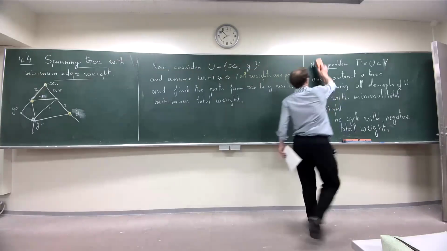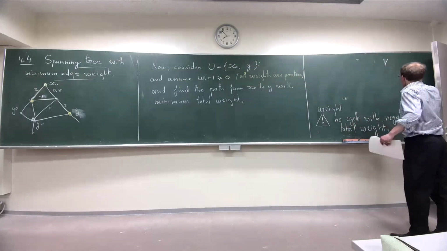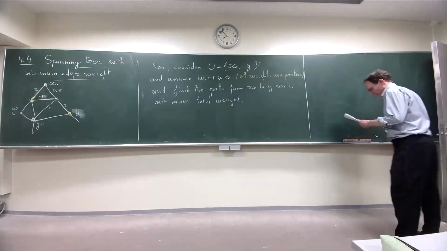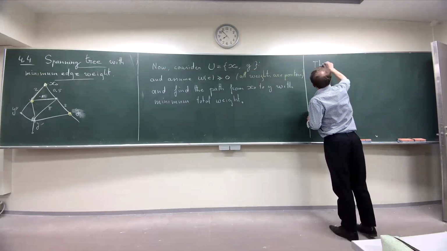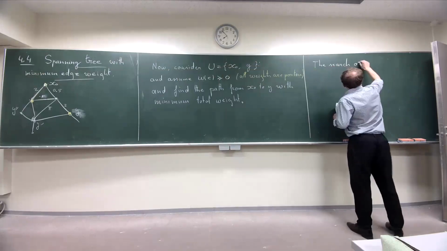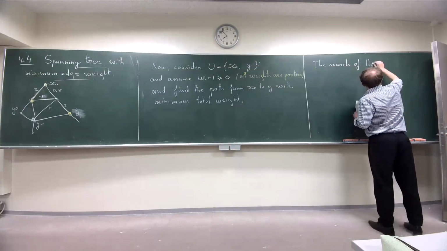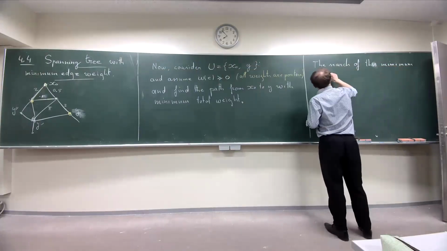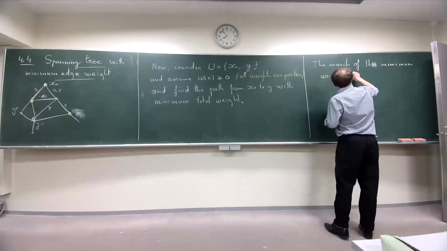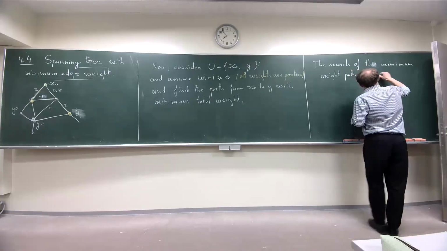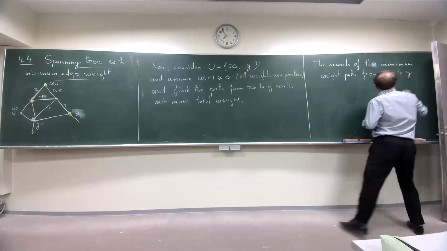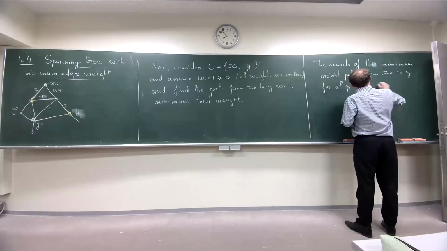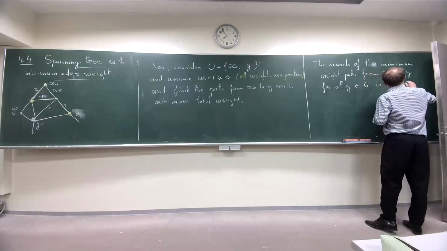Let me mention it. The search of this minimum weight path from x0 to y for all y belonging to G is called the Dijkstra algorithm.